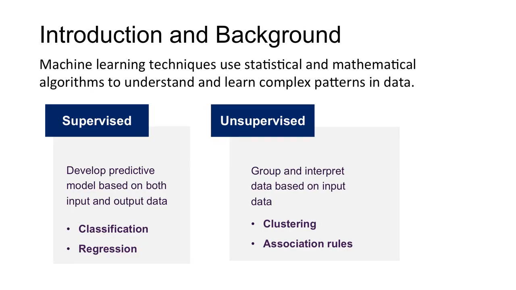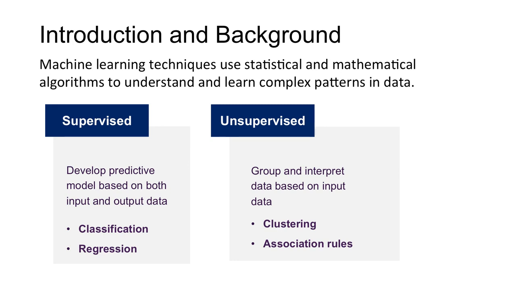Now, we will talk about machine learning techniques in brief and how they can be used for the clerical review process. In brief, machine learning techniques use statistical and mathematical algorithms to understand and learn complex patterns in the data. Usually, two types of machine learning prevail: supervised and unsupervised.